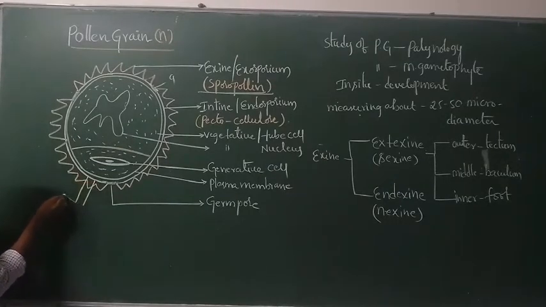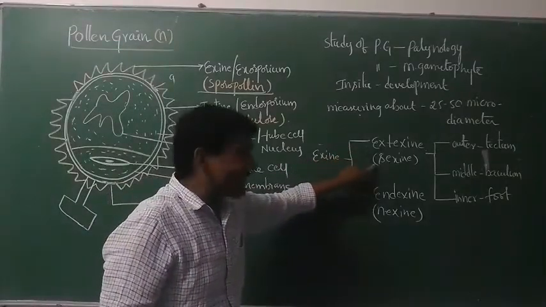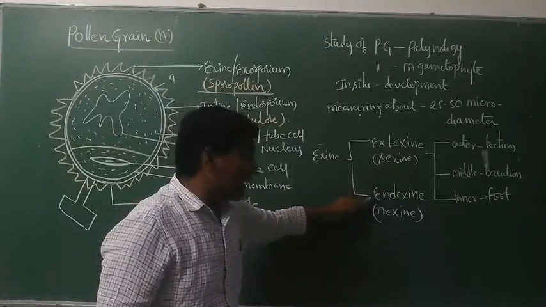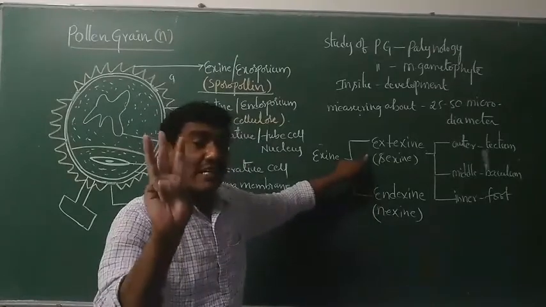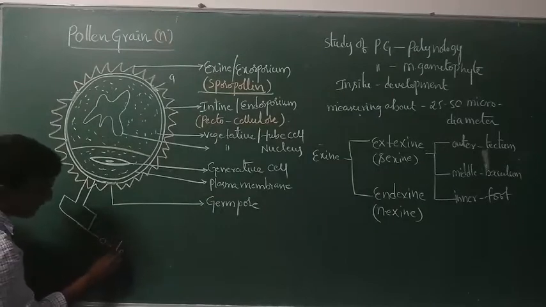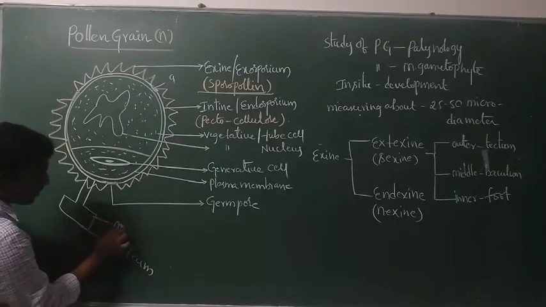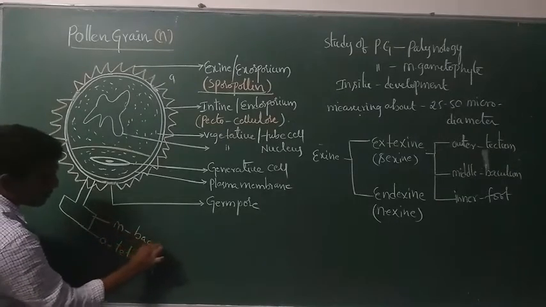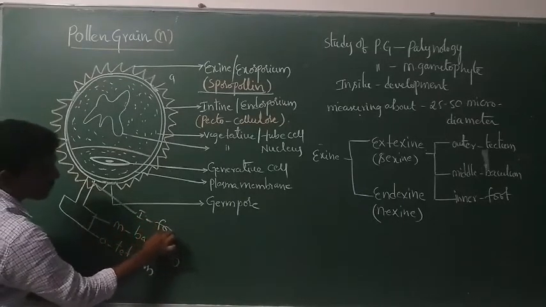See this one. The exine is mainly divided into 2 types, ectexine or sexine, and endexine or nexine. Ectexine is again divided into 3 parts: outer, tectum; middle, baculum; inner, foot.